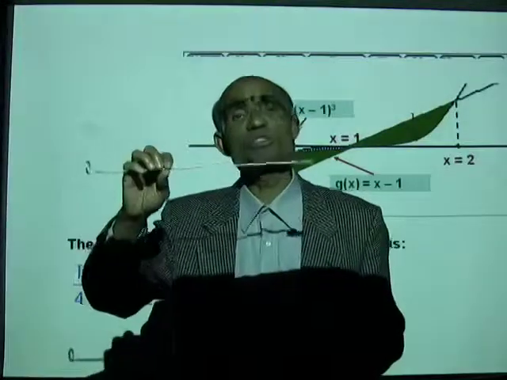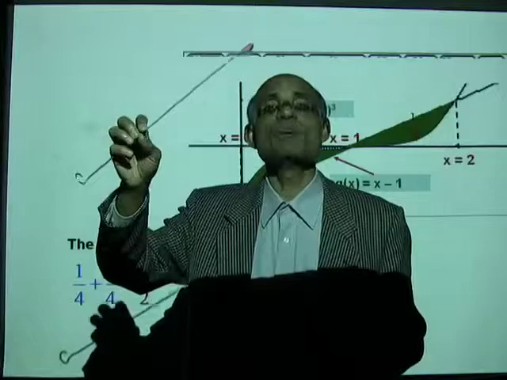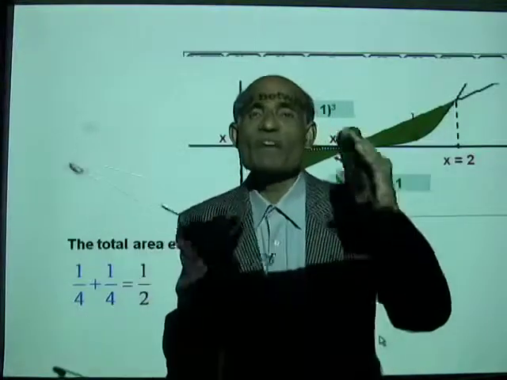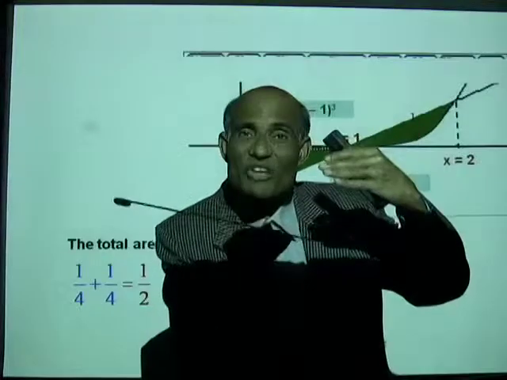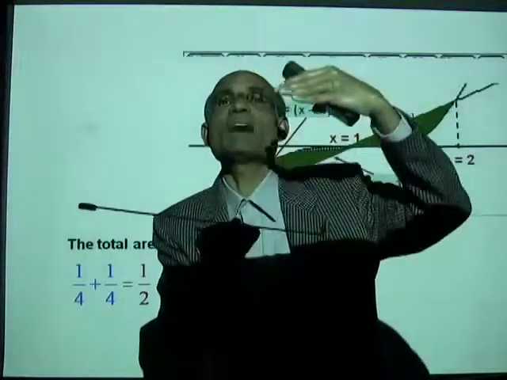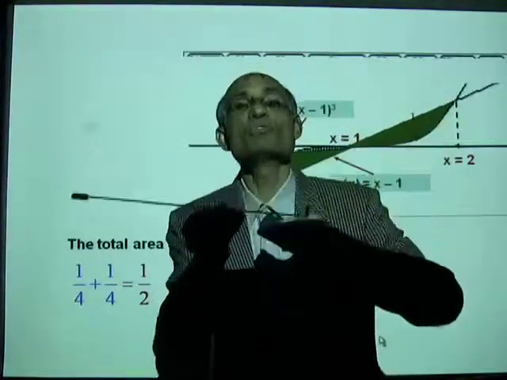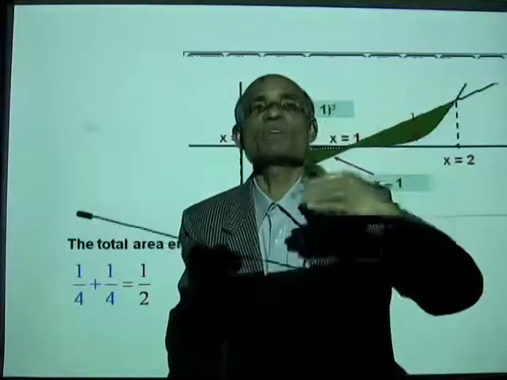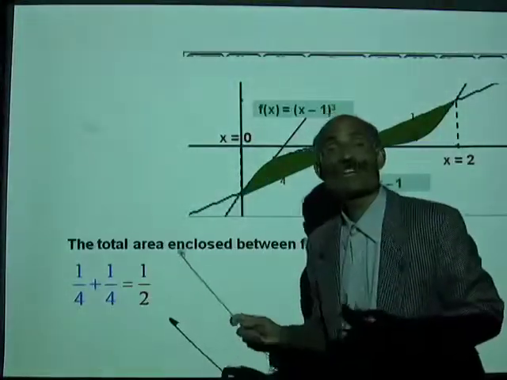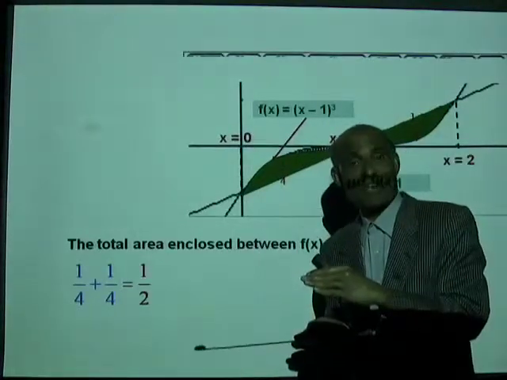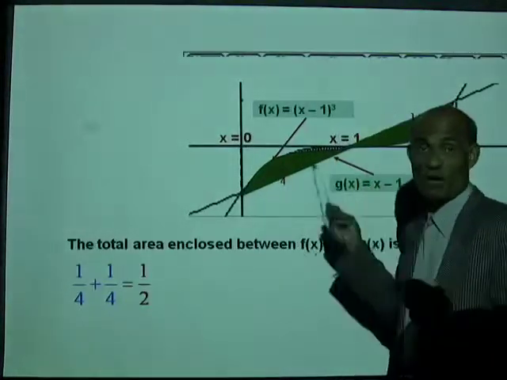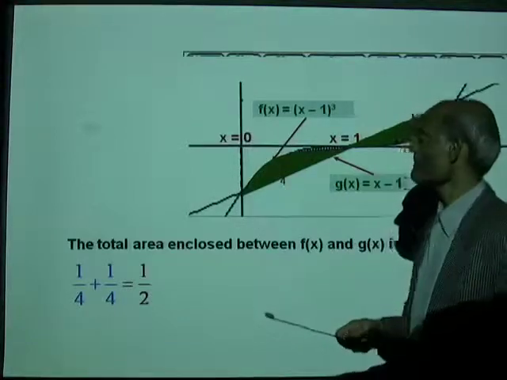You see, negative quantity occurs only when you have a single integral, that is area enclosed by the graph of a function with the x-axis. Then only you have the distinction above or below the x-axis, you have positive or negative. Here we are finding the area enclosed by one graph with that of the other. So both quantities are positive.